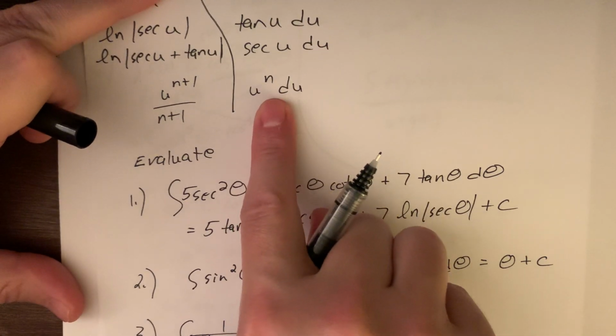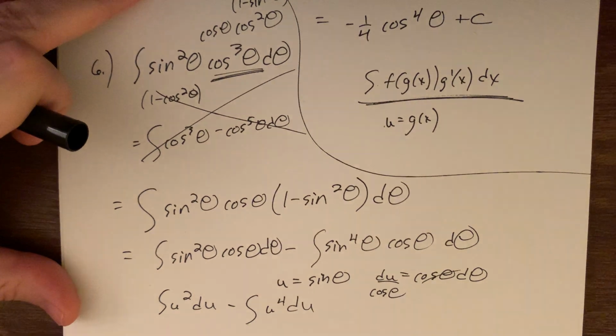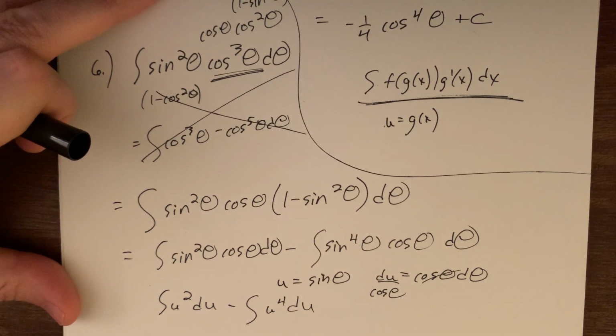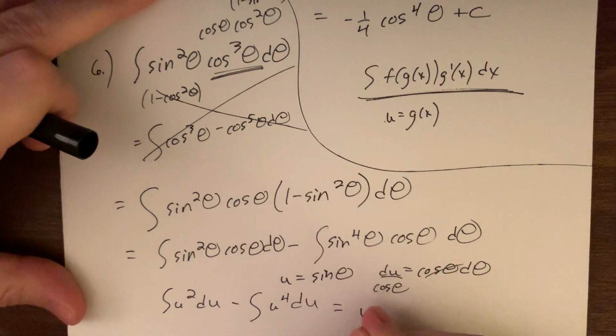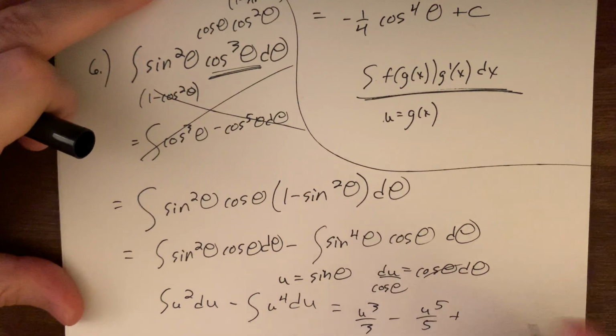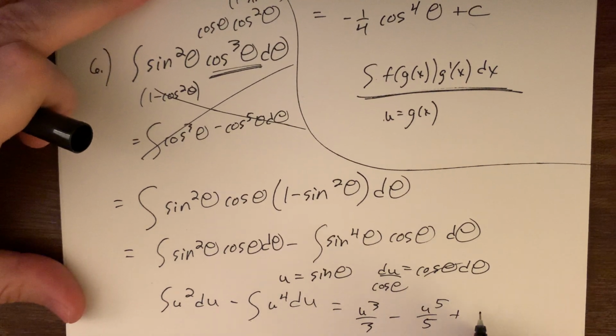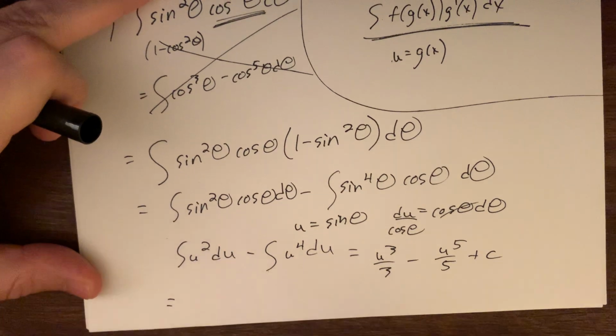Two times we ended up with this, because that's what's going to be so common here. If we're only dealing with trig functions, we'll get u as the trig function. Our antiderivative is u cubed over 3 minus u to the 5th over 5. If this was a definite integral, put your bar, but as an indefinite integral, plus c, and I'll back substitute.